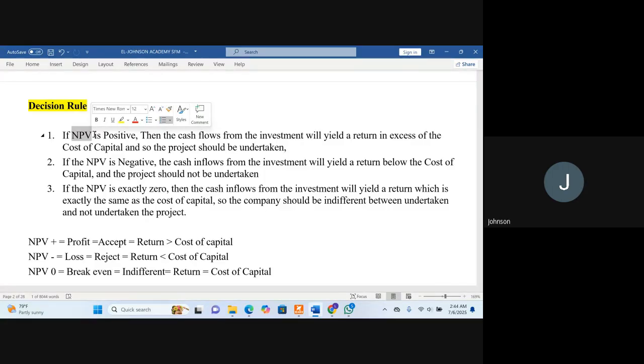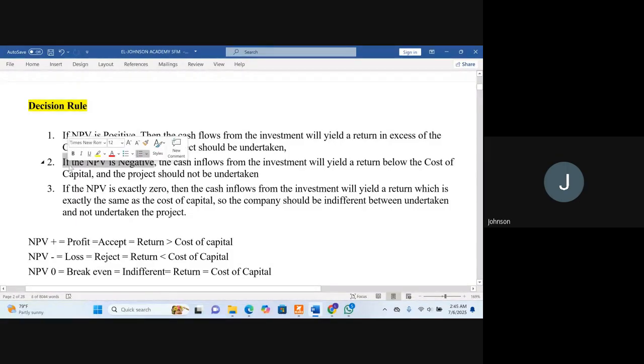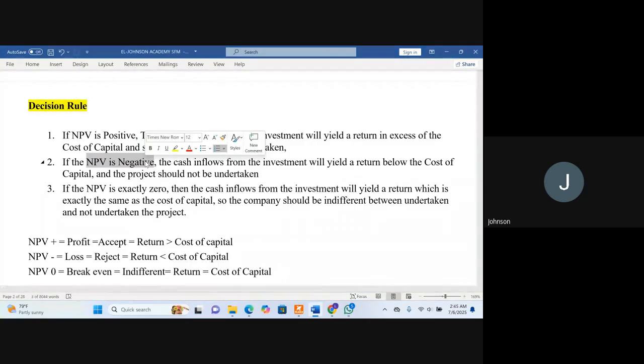Now the next decision, they say if your NPV is negative, what does it mean? It means that if you had done your project using the IRR, you would not have been in negative. Your NPV would have been zero. It means here that the cost of capital you are using for that project is higher than the IRR, because at the IRR level, your NPV is supposed to be zero.